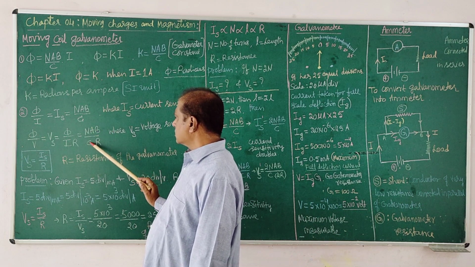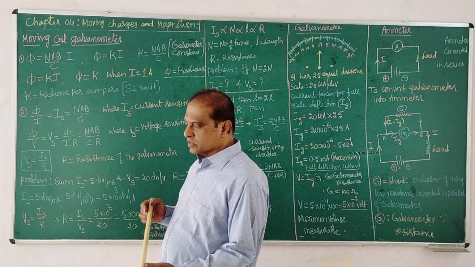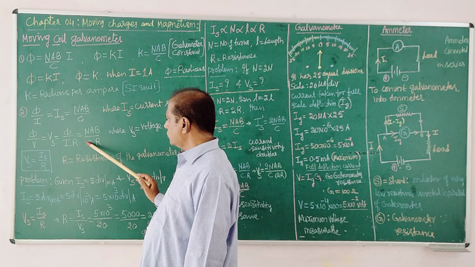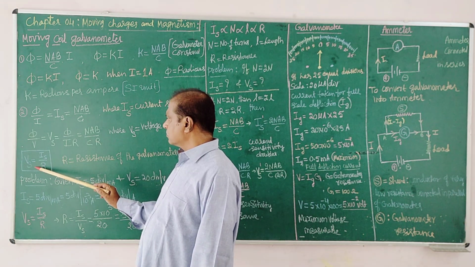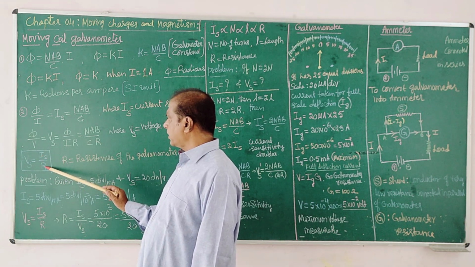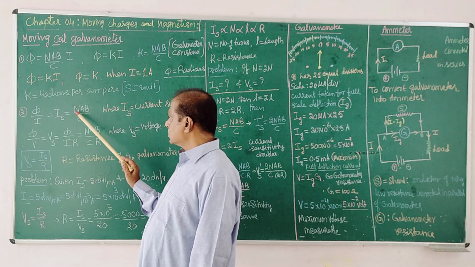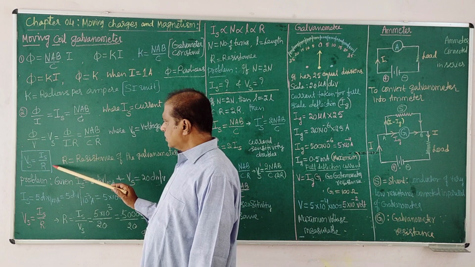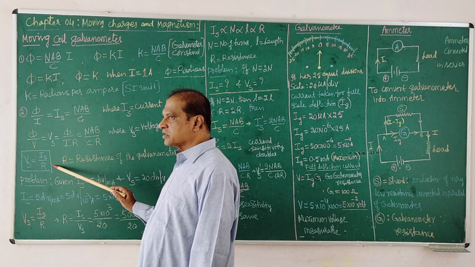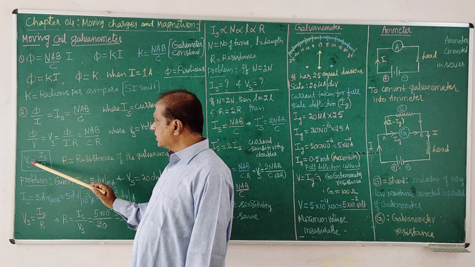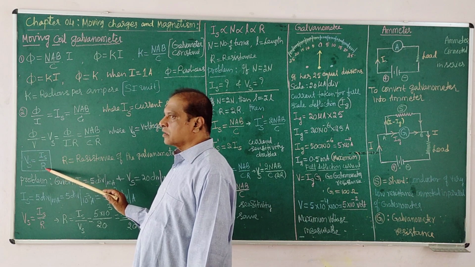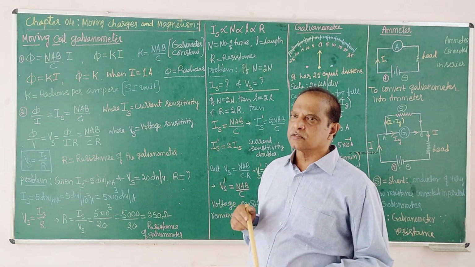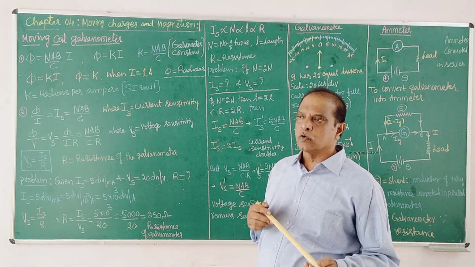We have two equations. Let us compare these two equations. So we get this equation: Vs is equal to Is divided by R. Comparing these equations, this equation gives the relationship between the two sensitivities, and R stands for resistance of the galvanometer, the resistance of the entire wire wound over the coil.